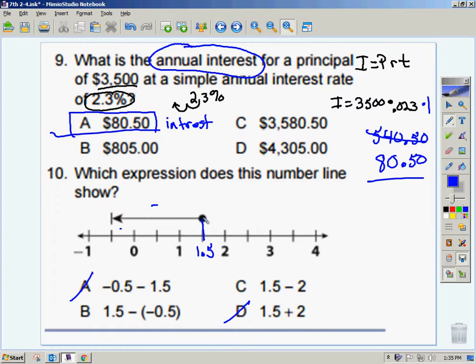And am I going to the left or to the right? I'm going to the left. So I am taking away this positive number. I'm taking away a total of 2 whole units. There isn't any work to show for number 10. Ready? Good with 9 and 10? Yeah.